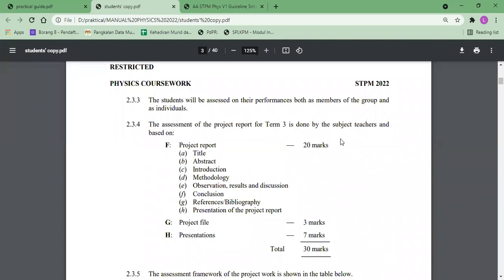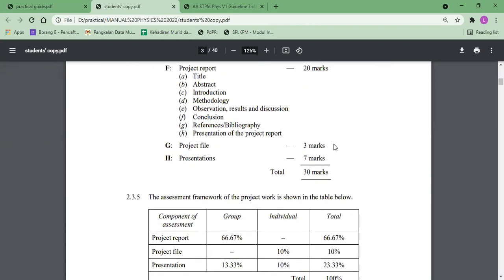I always keep on observing and guiding you. The project file is no problem as well, because I will ask you to prepare the file, which we buy from the Coplasi letter. The presentation, I cannot help you.